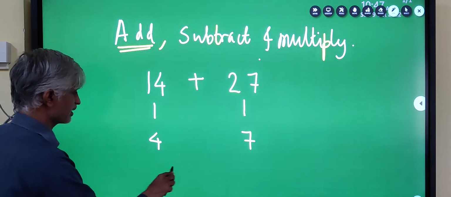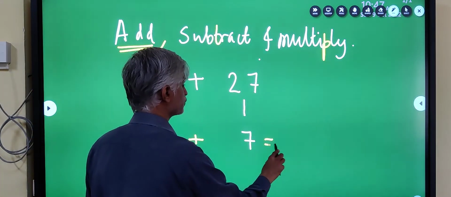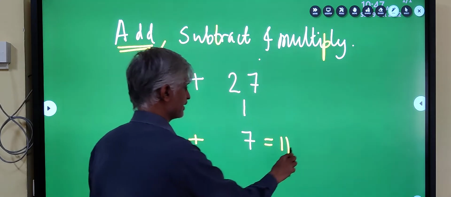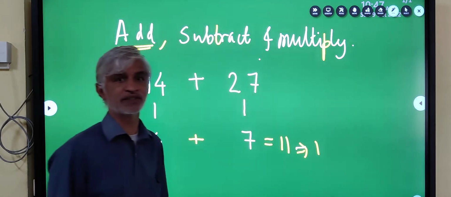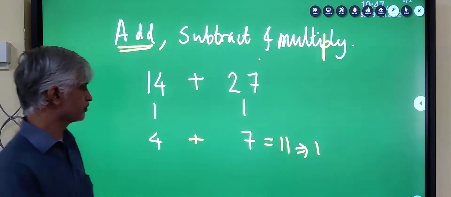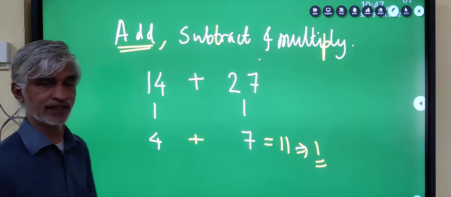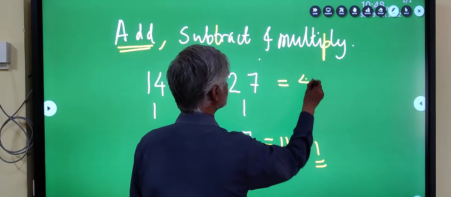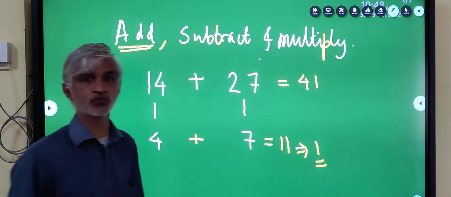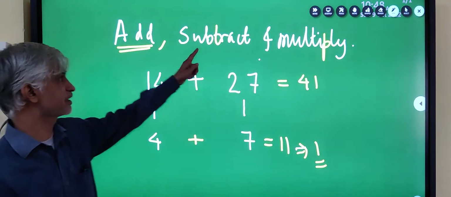So in this case, I can simply do 4 plus 7, which happens to be 11. And 11 should be considered as 1 because we are dividing by 10. So we conclude that the remainder is going to be 1. And indeed, you can see that 14 plus 27 is 41, and 41 leaves a remainder of 1 when you divide by 10. So this is what you mean by add and subtract.